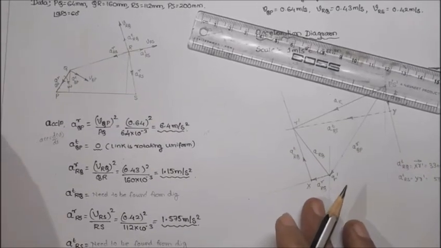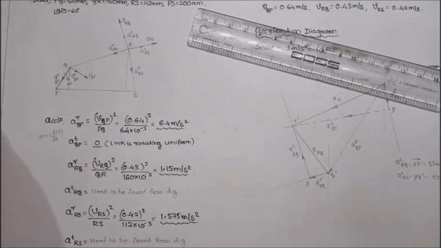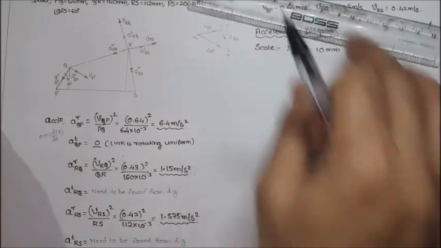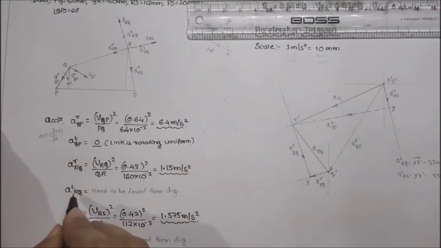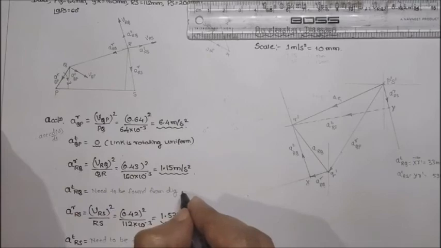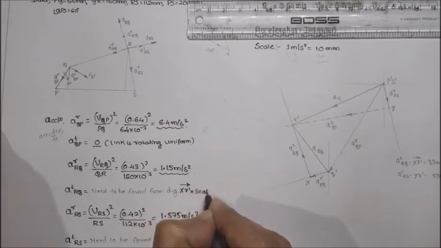So what are we going to find here? Acceleration tangential RQ is equal to the measured value, that is vector x r dash into scale.